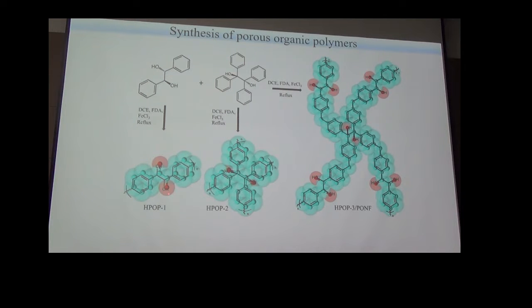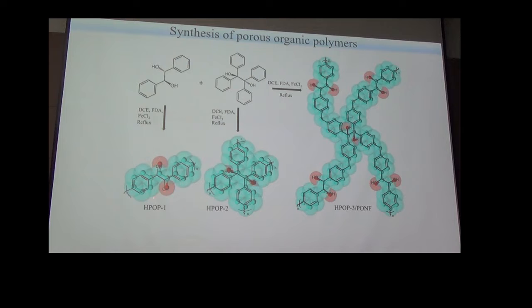So for this, we have synthesized a porous organic polymer. In general, porous organic polymers are formed via a covalent bonding network. This covalent bonding follows the principles of reticular chemistry.